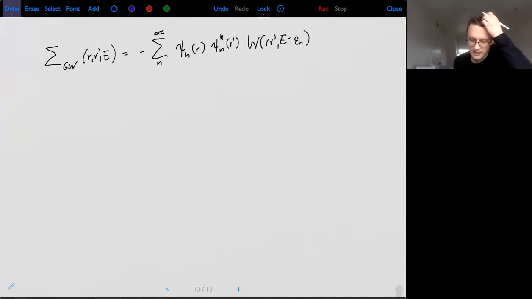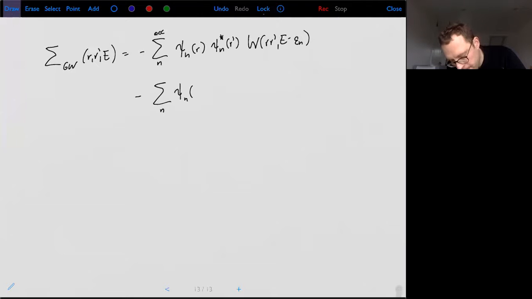Right, so this is a screened Fock exchange, but there'll be an additional term which comes from the poles of the screened interaction, which you can express in the following way.